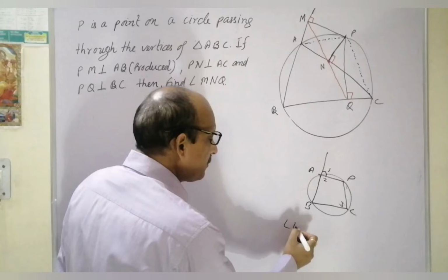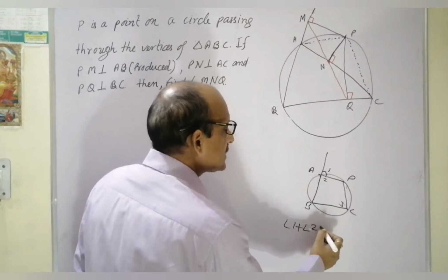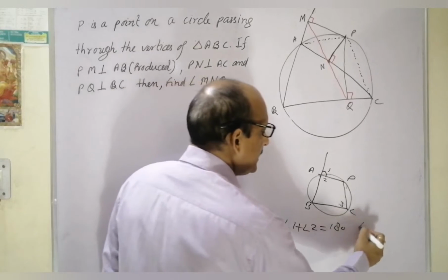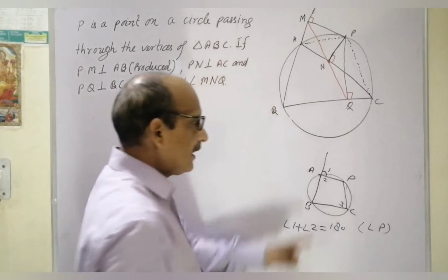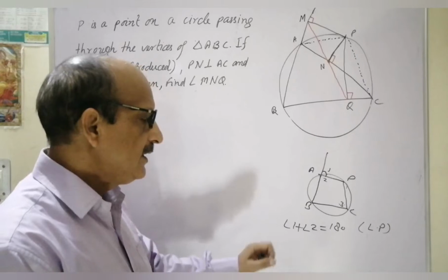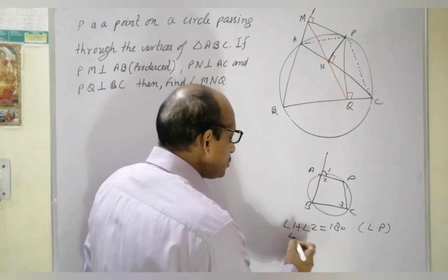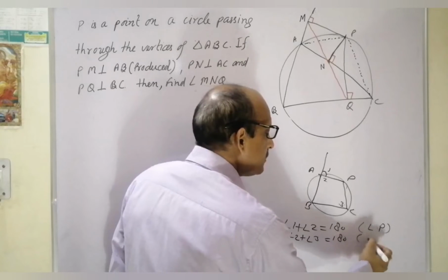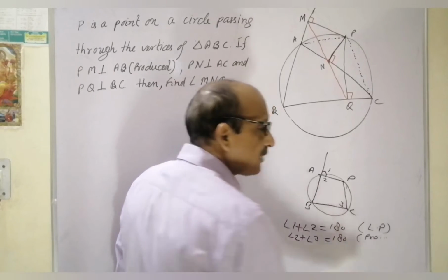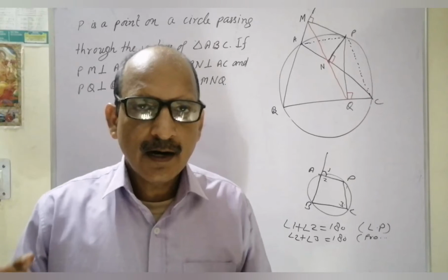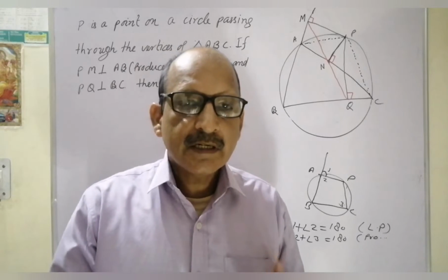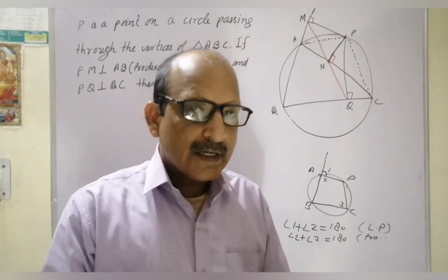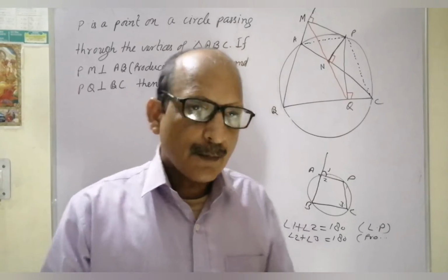Angle 1 plus angle 2 is equal to 180 degrees, a linear pair. Angle 2 plus angle 3 is again equal to 180 degrees, because the property of cyclic quadrilateral says that opposite angles are supplementary.